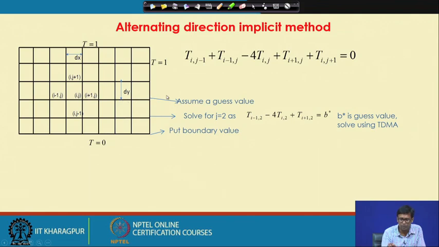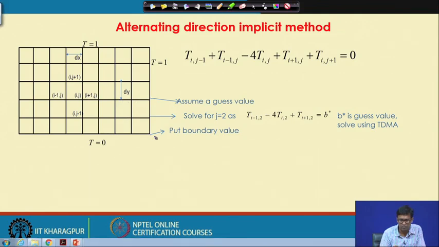So, for j is equal to 2, the j plus 1 and j minus 1 values are already obtained from guess or boundary value.